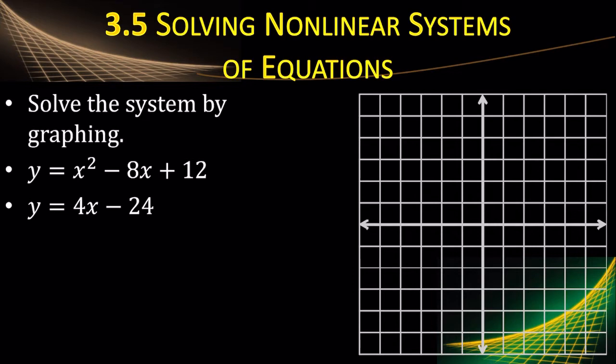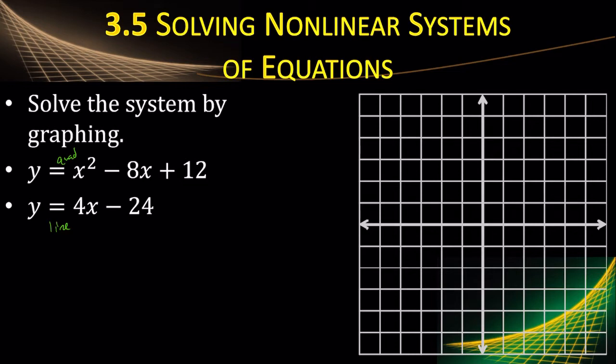All right, notice that we have a quadratic and a line. So we're going to start by graphing the quadratic. I'm going to use my calculator to make a table of it.